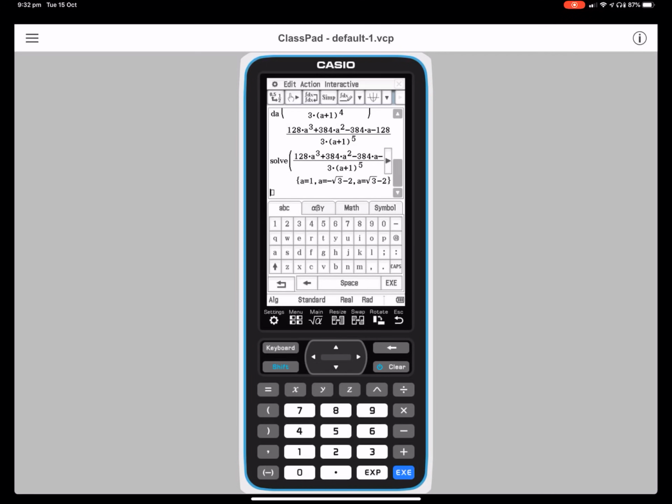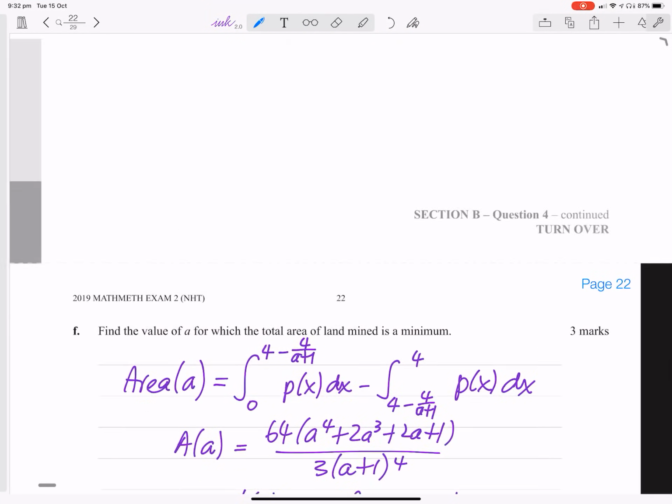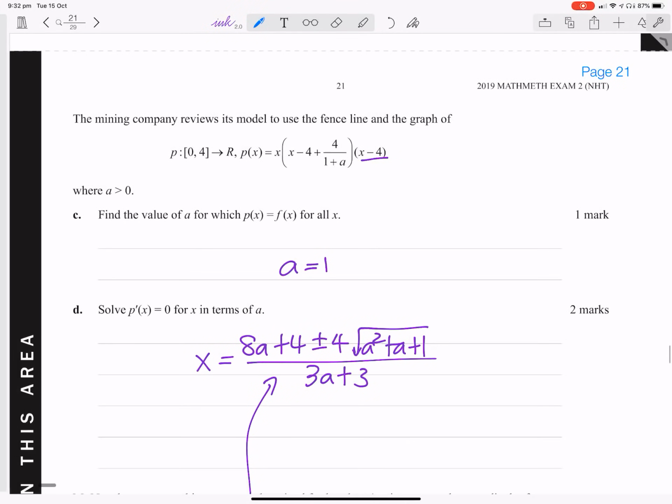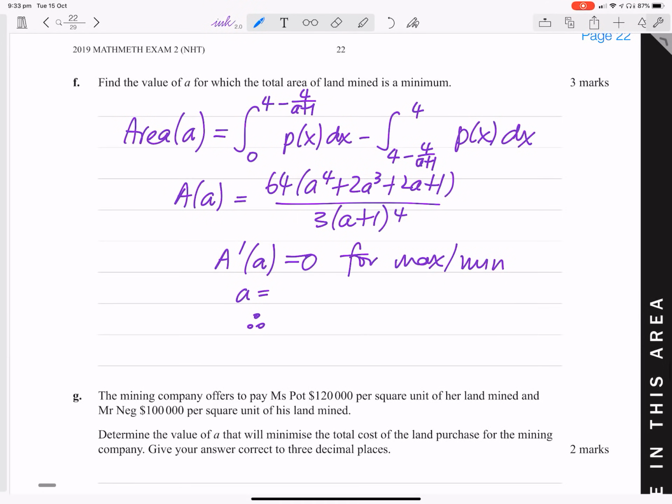So we get 1, the other values are negative, I think. So a has to equal 1. a is greater than 0.